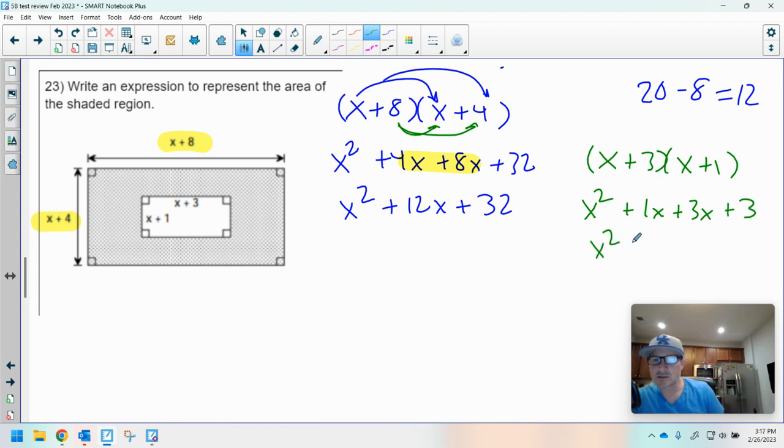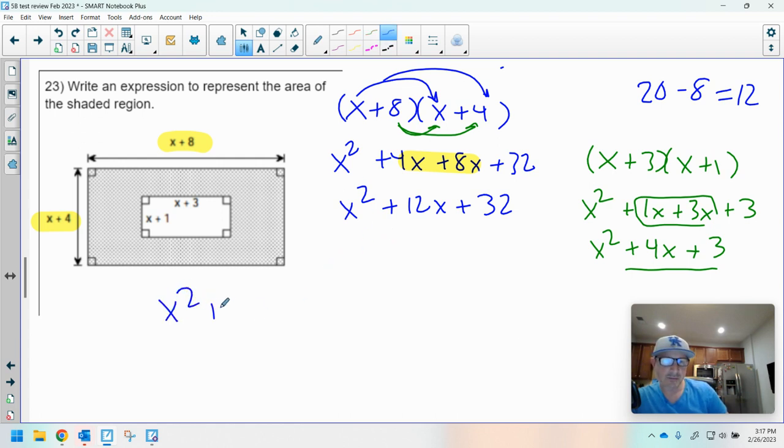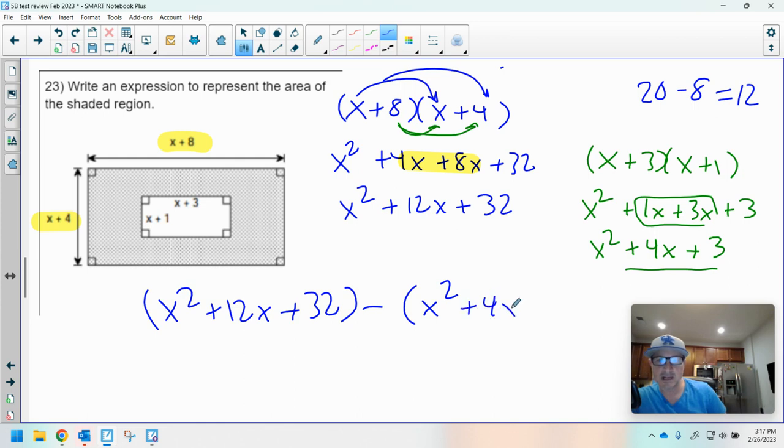We get x squared plus 4x when I combine these guys, plus 3. Now I have to subtract this green from this blue. So I'm going to write it out: x squared plus 12x plus 32 in parentheses, minus another parentheses, x squared plus 4x plus 3.